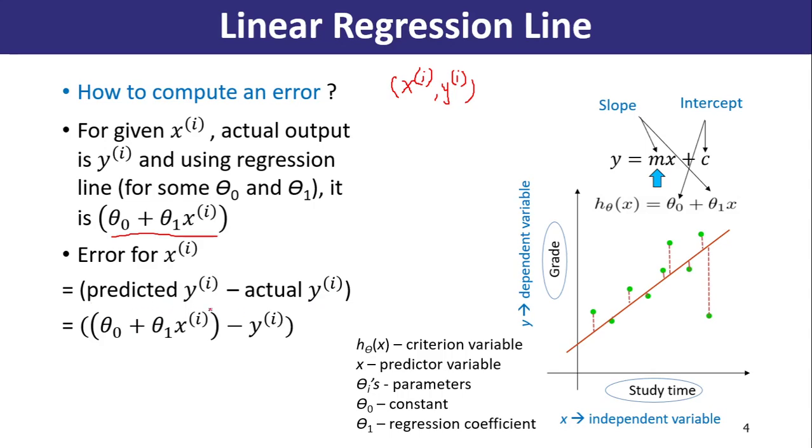Here our predicted y i is nothing but theta 0 plus theta 1 x i, and we know the actual y i value. So this difference, theta 0 plus theta 1 x i minus y i, gives us the error for the ith sample. In another way, we may write this error as h theta x i minus y i. Okay, fine.